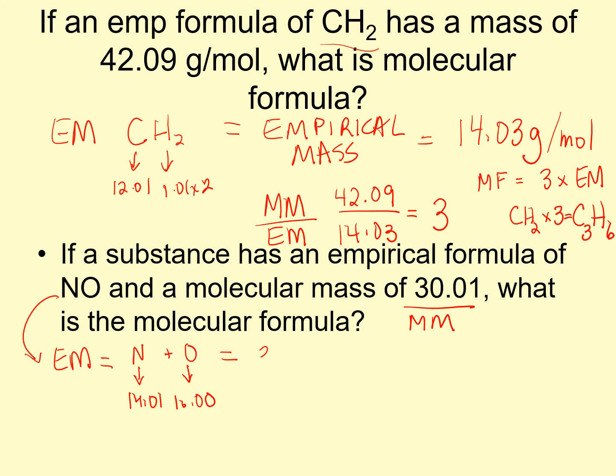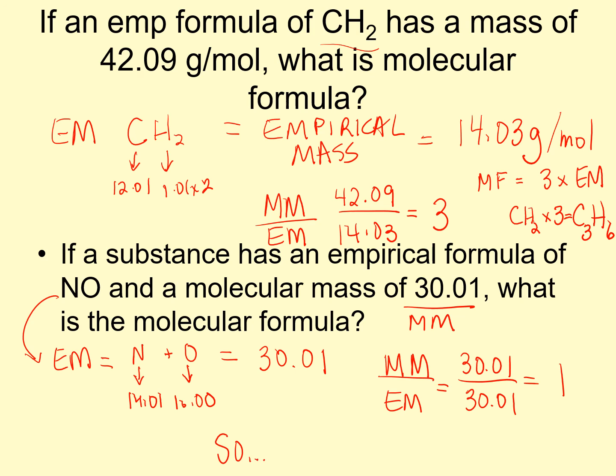Empirical mass is 30.01. Okay. So then molecular mass 30.01 divided by empirical mass 30.01 equals 1. So the empirical formula and molecular formula are both NO for that one. It's the same.